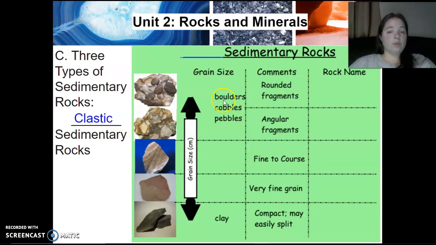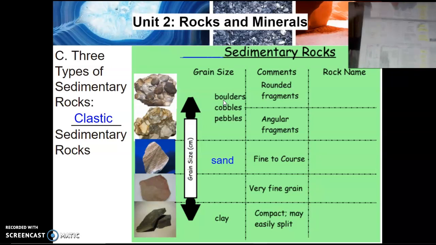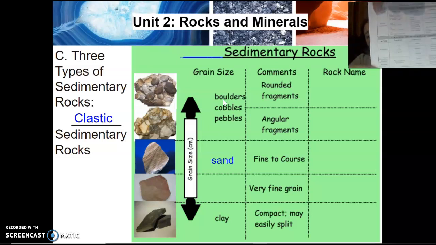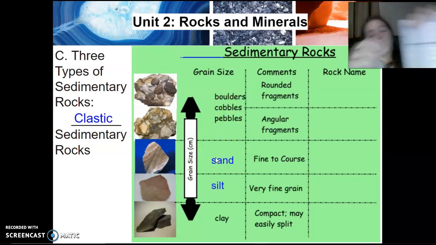So right here you have some grain size. You can definitely see this right here in the top part of page 7. I have highlighted it. When you look at grain size, right over here, you're going to see boulders, cobbles, pebbles, and then it's going to go down and you're going to have sand, and then you're going to have silt and clay.